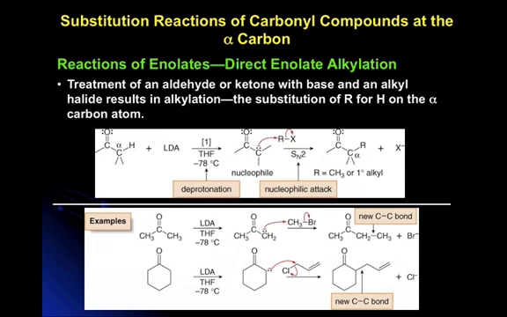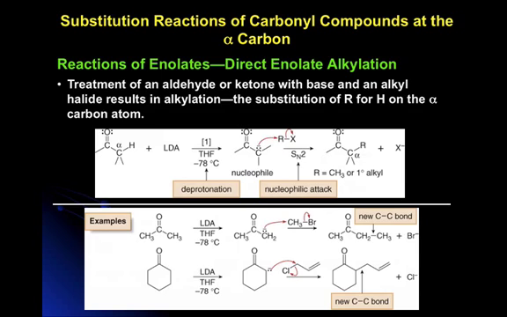Another example is to take cyclohexanone, treat it with LDA, THF, minus 78 degrees, generate the enolate, and react it with what's known as allyl chloride, because it's the allylic position, and we can form a new carbon-carbon bond here, and at the same time introduce a new functional group. Okay? So all the things that we've learned about SN2 chemistry are starting to come back again, right? So an enolate and an alkyl halide make a new what?